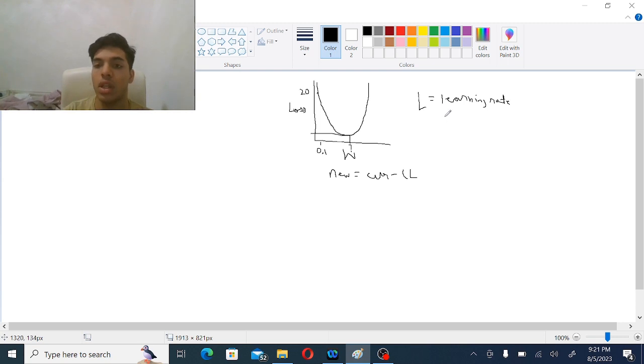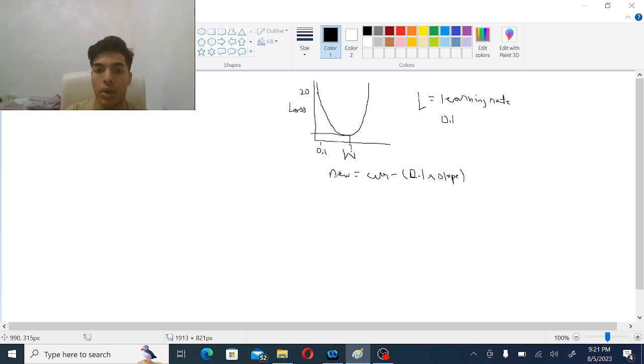We normally choose a small value like 0.1 or 0.01 for our learning rate. Let me just go ahead and use 0.1 for our learning rate, and then we multiply this by the slope of the curve at that point. So don't worry if this formula does not make sense. I'm going to explain what this is in just a bit.